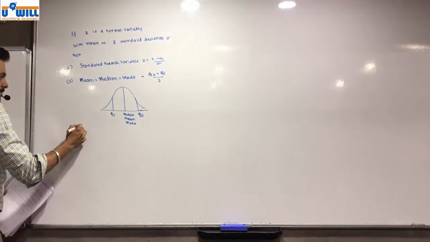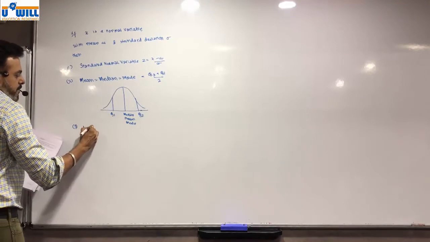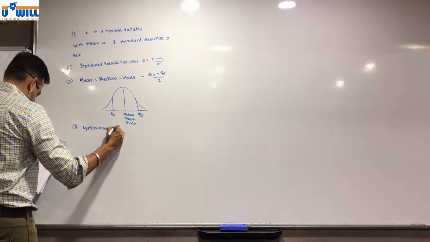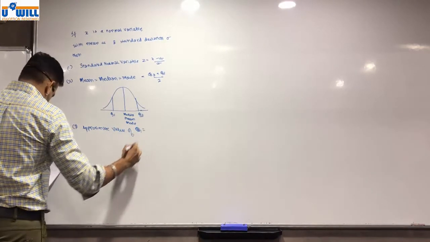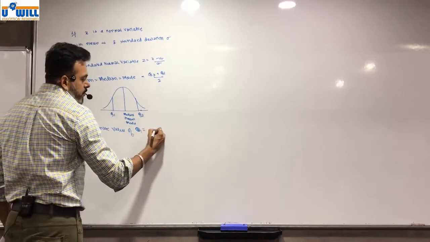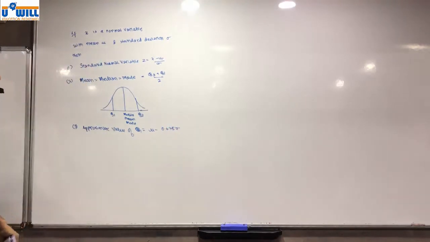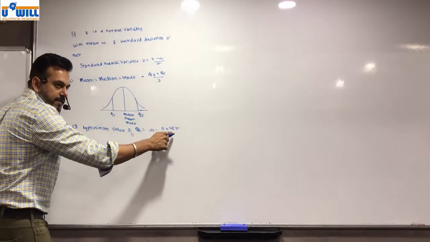Third, approximate value of Q1 is equal to mu minus 0.675 sigma. Have we seen this? Mu minus 0.675 sigma.